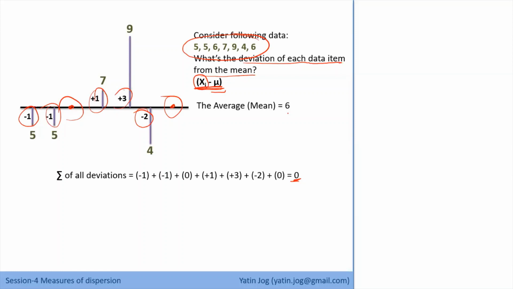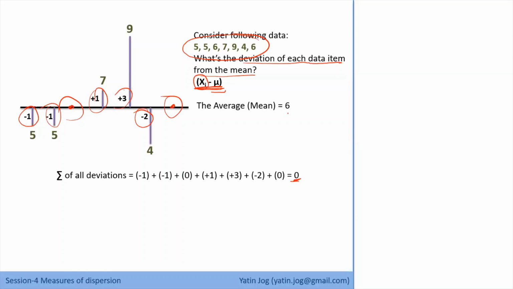Correct. The answer given by Divya is correct, because we are calculating the deviation of each data point from the mean itself, and by definition the mean is the central point. If I consider the distance of each data point from the central point and add all those distances, because of plus and minus, they negate each other, and the final answer has to be 0.